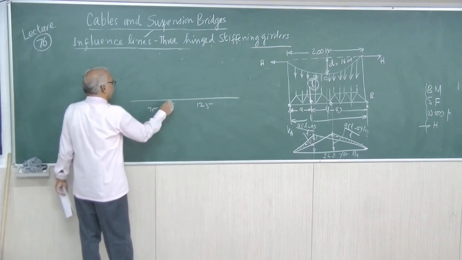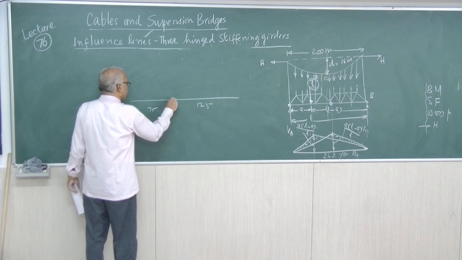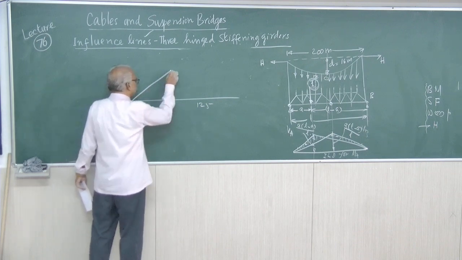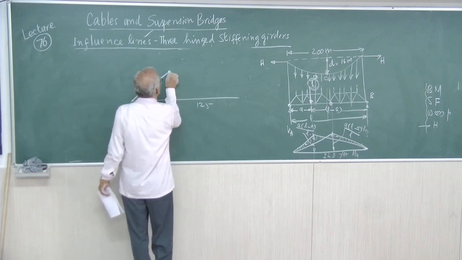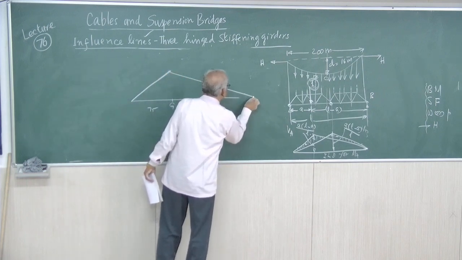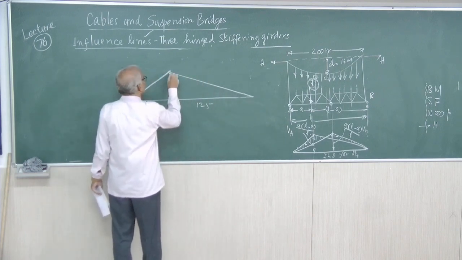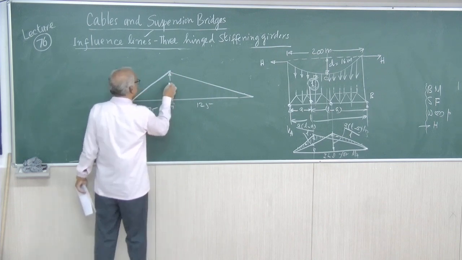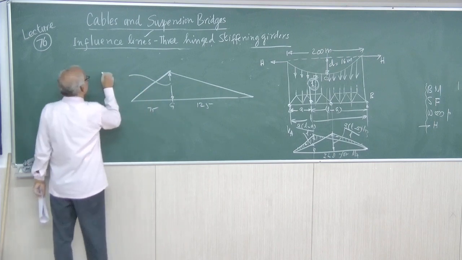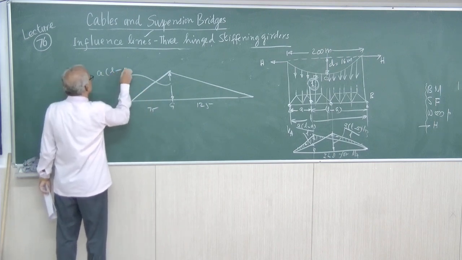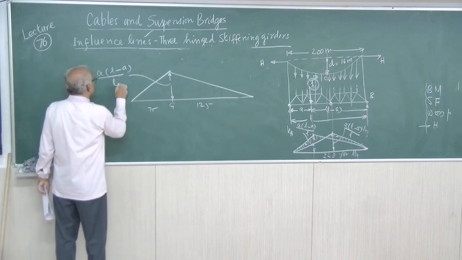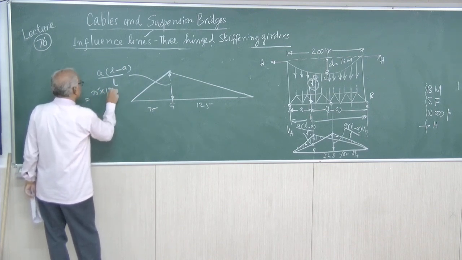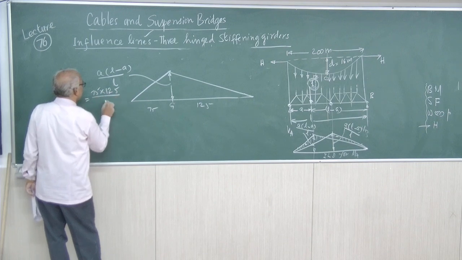So ILD for bending moment Mx will have a triangle with the maximum ordinate of A into L minus A by L. A equal to 75, L minus A is 125, by L is 200.